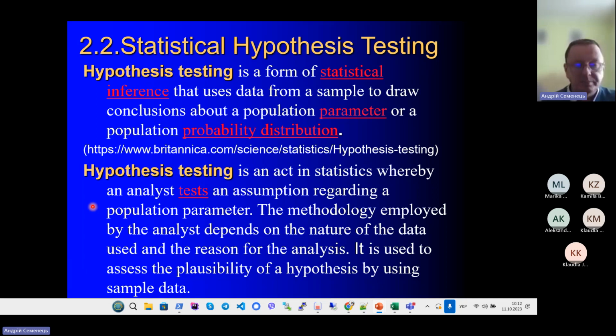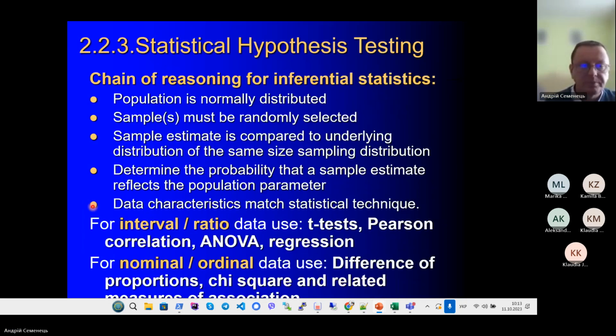Sometimes it happens. In the same way, when we analyze historical data, in retrospective analysis, we have some clue about the presence of a specific pathology or some new outcome, and we verify existing historical data to get evidence whether we are correct or not.